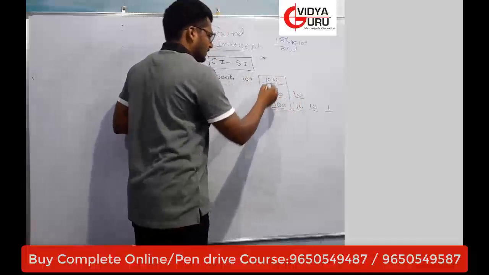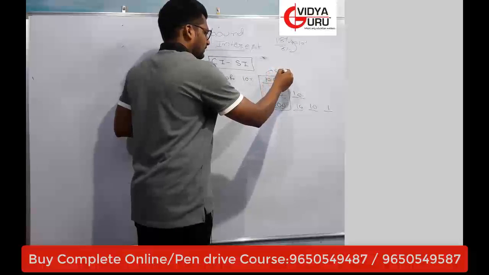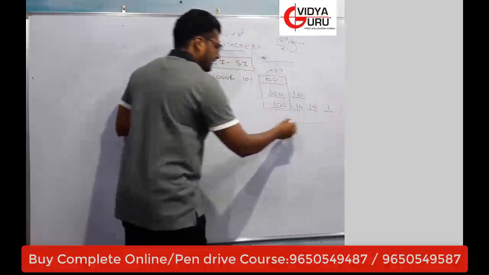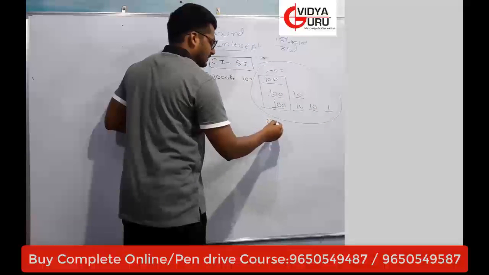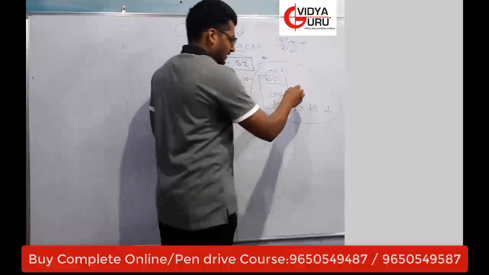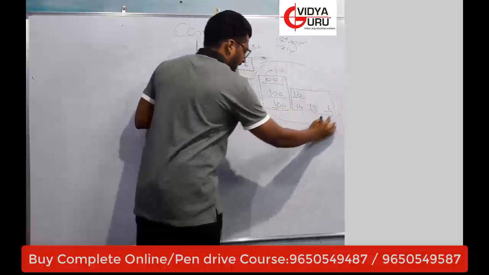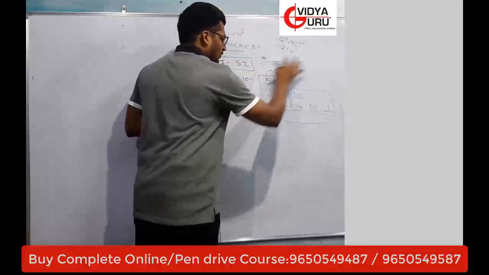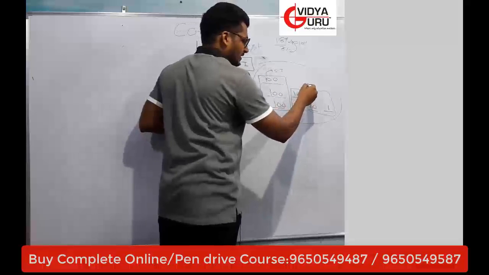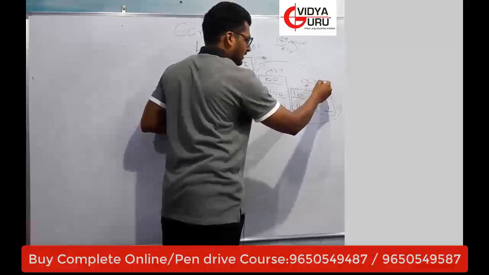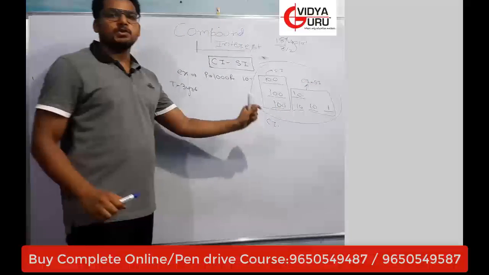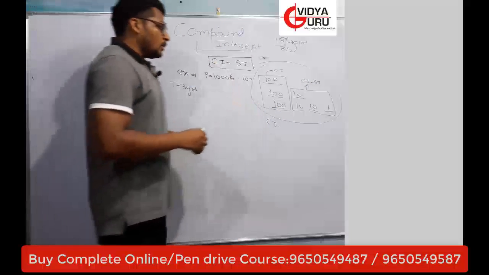This is SI. And what is this whole thing? This is CI. If I subtract SI from the whole CI, then what is left is the difference of CI and SI.